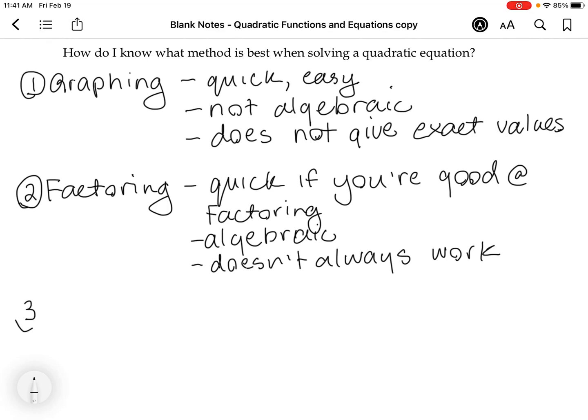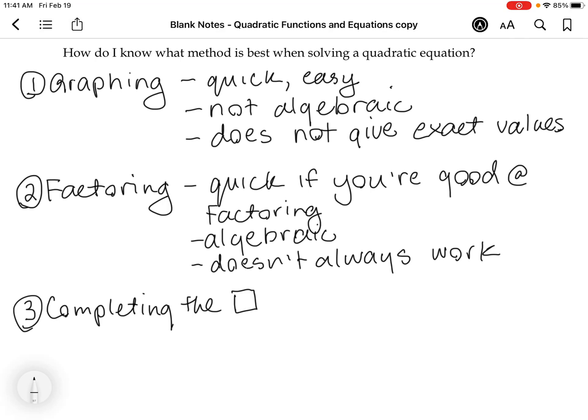So the third thing we looked at was completing the square. Okay? So to be honest, this isn't really used in practice. The reason why we get you to do this is so that you can understand the quadratic formula, right? Because the quadratic formula is derived by completing the square, but you can absolutely solve a quadratic equation by doing this.